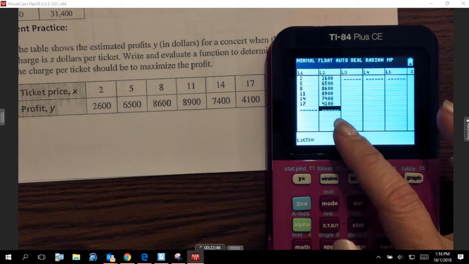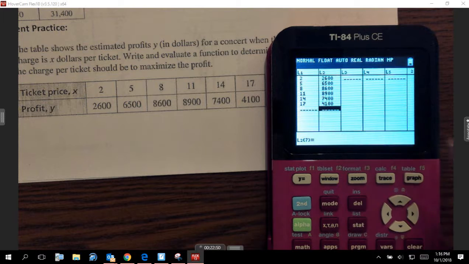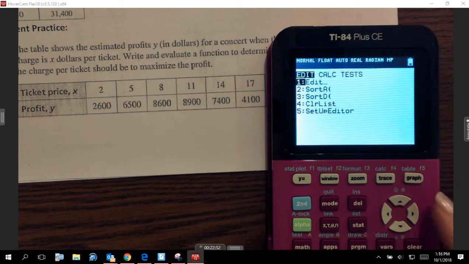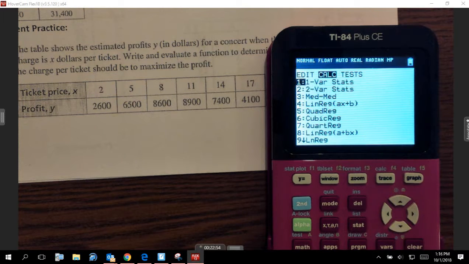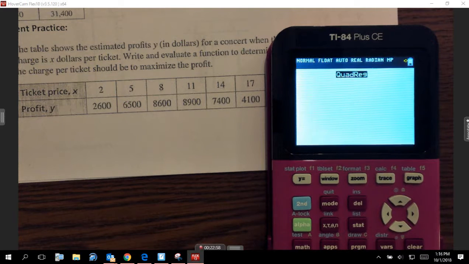So for finding the equation, we go under Stat, Calculate, and then Quadratic Regression, and we get an equation.